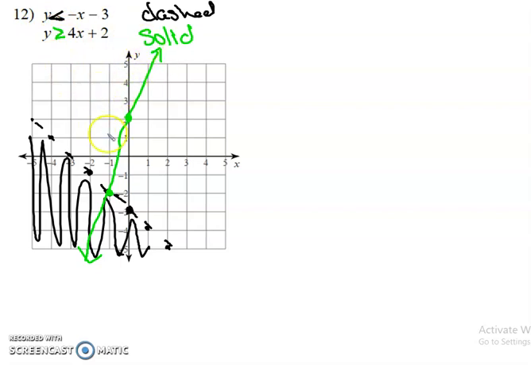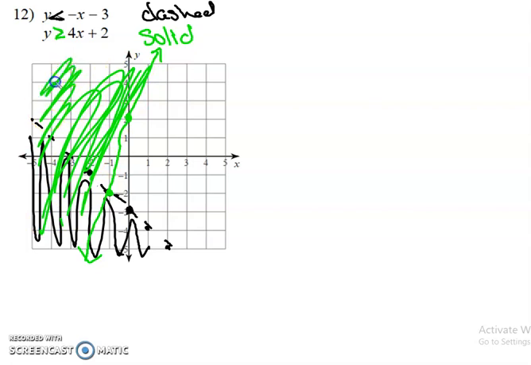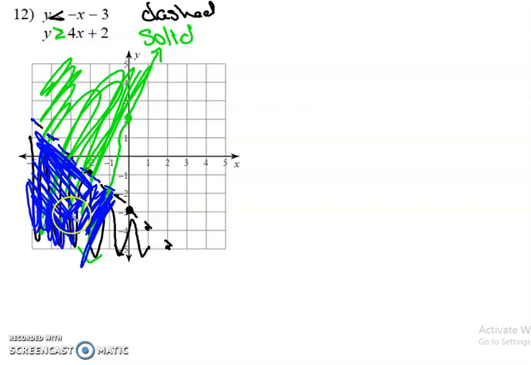That's this side over here. So my overlap here, my final answer is dash, dash, dash, dash. Solid line here. And this part right here is going to be my final answer. Okay? The final answer.